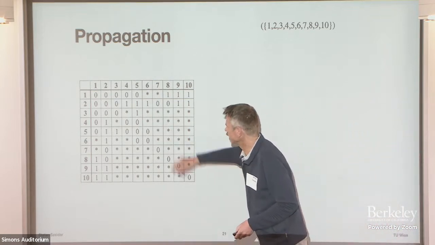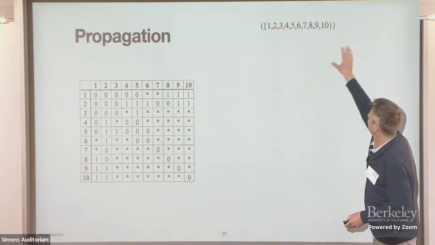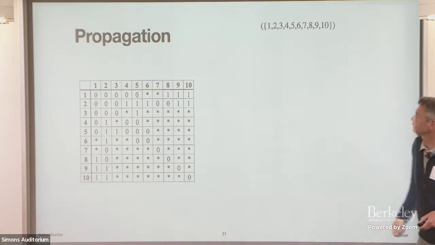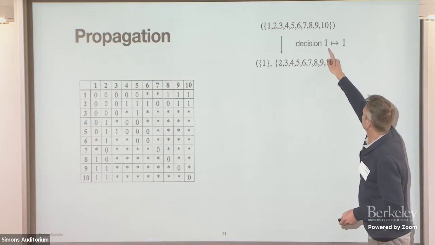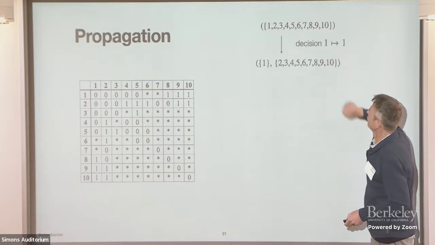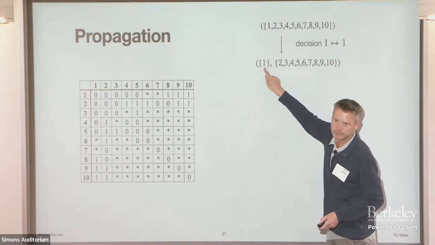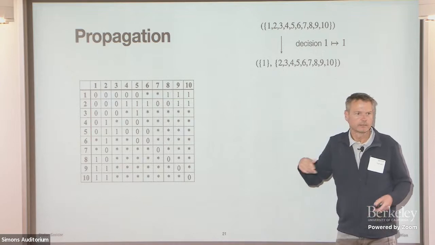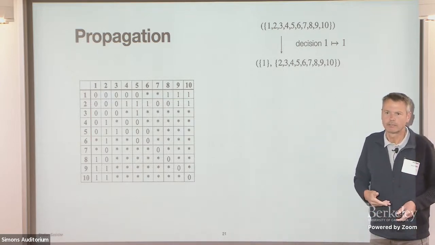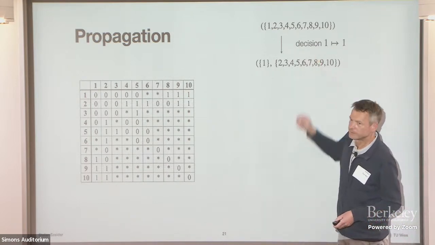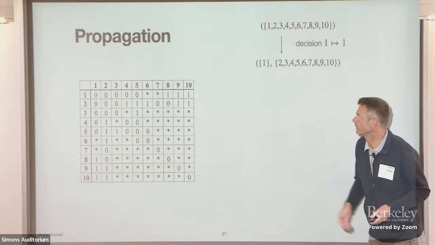So this is our adjacency matrix. And here we start with this full ordered partition. Now, maybe we make the first decision. We map 1 to 1, so we keep 1 fixed, which means now 1 becomes a singleton. And the interesting thing, and I think the power of this algorithm, this min check algorithm, is now the propagation, because from this one decision, we get a lot of other decisions for free.